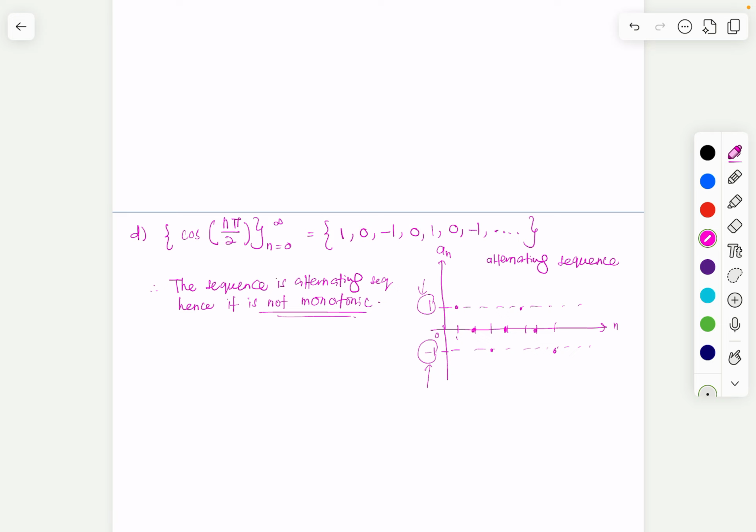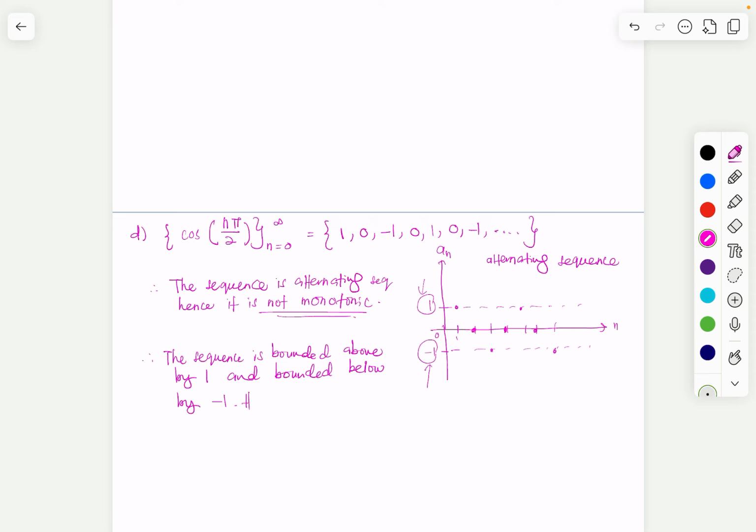So you can conclude again the sequence is bounded above by 1 and bounded below by negative 1. Okay, so this is the answer.